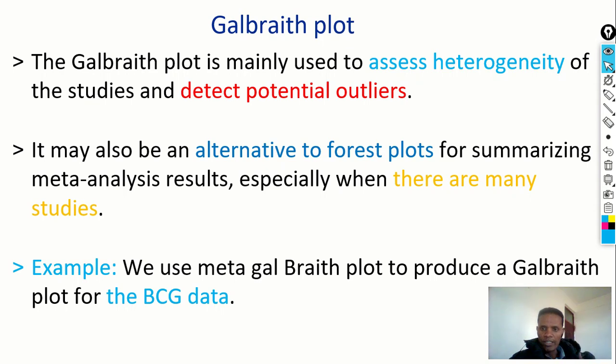The way that we test this heterogeneity because of potential outliers is by the use of a Galbraith plot. That is really very fundamental. It may also be used as an alternative to a forest plot for summarizing meta-analysis results, especially when there are many studies.